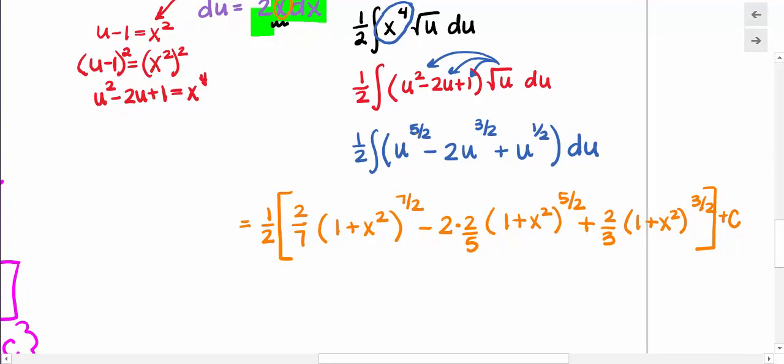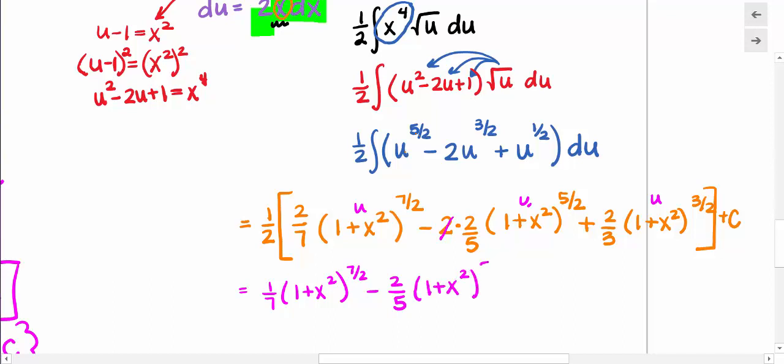You can leave it like this. You can distribute your half. Since I had to rewrite it anyway, me writing all these u's really didn't save me all that much writing. But this is going to be 1/7 times 1 plus x squared to the 7/2 minus, if I distribute the half, minus 2/5, 1 plus x squared to the 5/2.